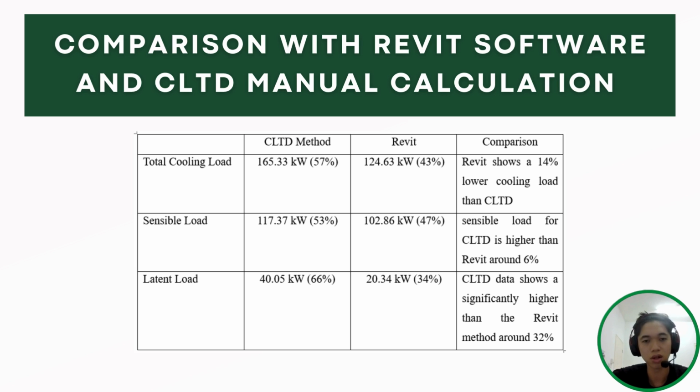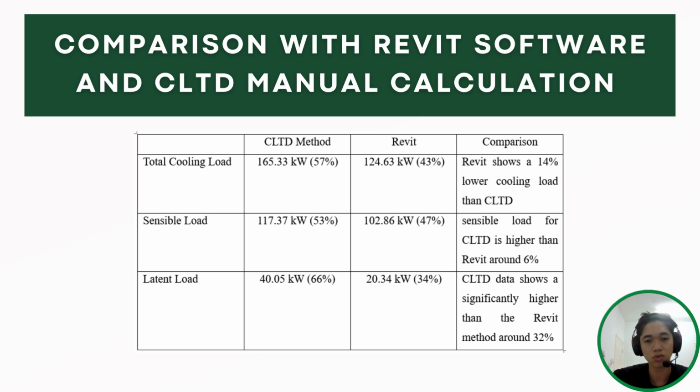For the sensible load, it is around 117.37 kilowatts, which is 53% for the CLTD method, and for Revit it is 102.86 kilowatts, which is 47%, with around a 6% difference between the two.